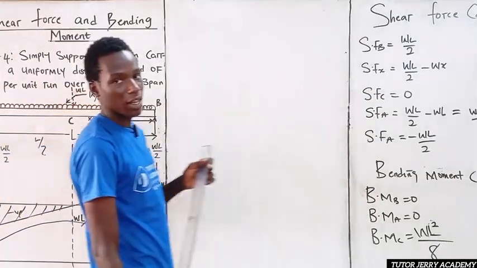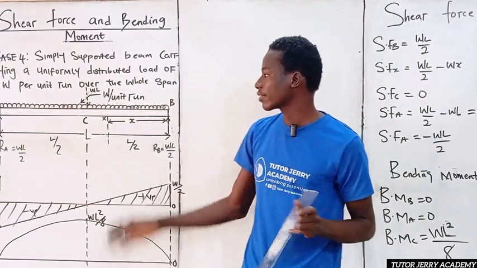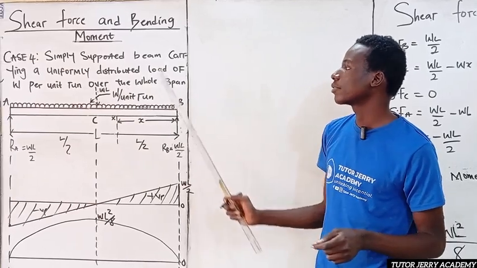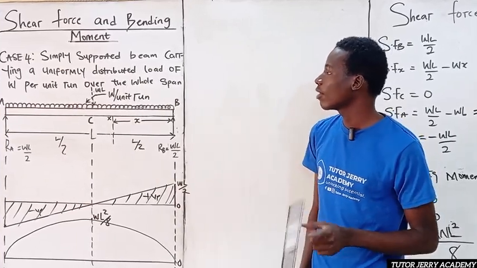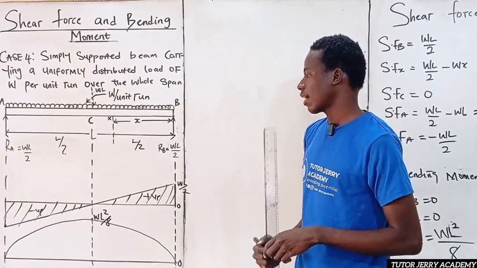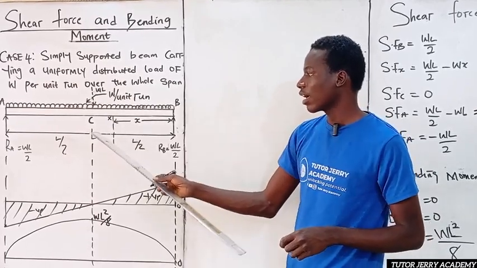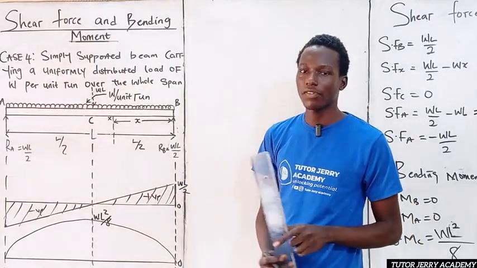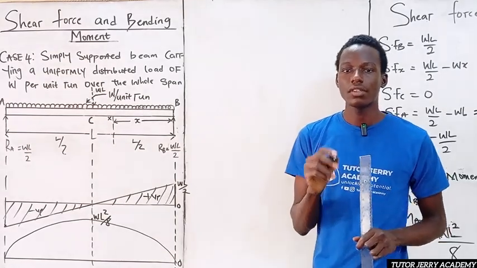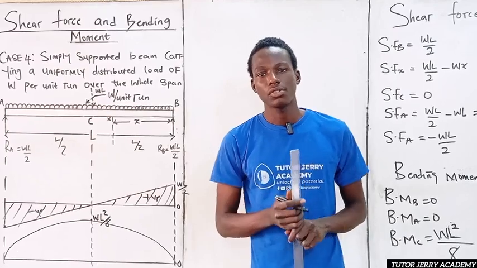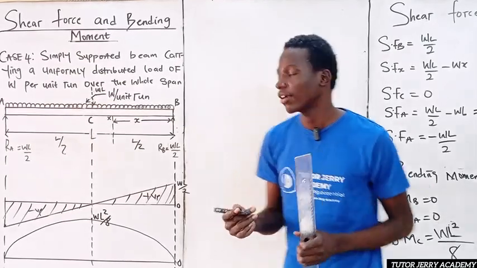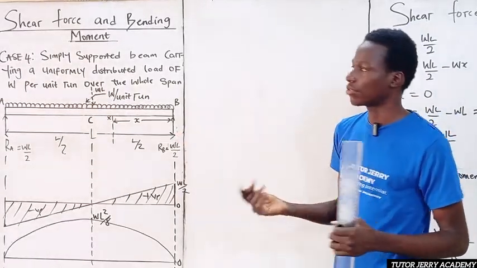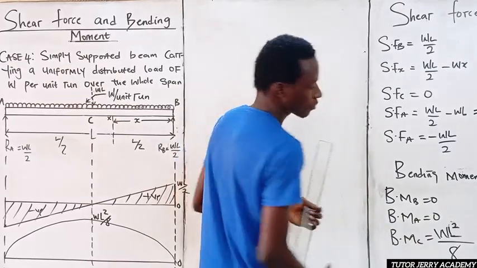So I hope you understand how to get shear force and bending moment for a simply supported beam that is carrying a uniform distributed load of W per unit run over the whole span. And I hope you understand also how to get the maximum bending moment. The maximum bending moment can be found where the shear force is equal to 0. So this will be our maximum bending moment.